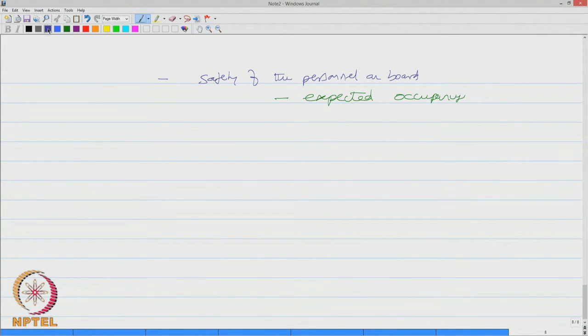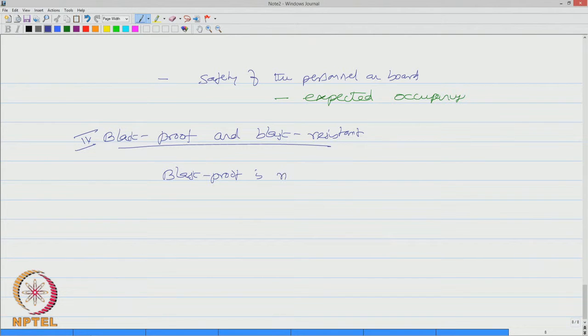Let us quickly ask a question: what is the difference between blast proof and blast resistant? Blast proof is actually a non-realistic term.